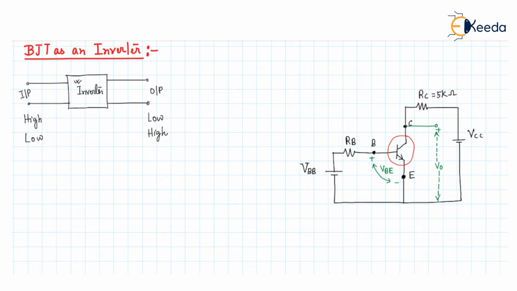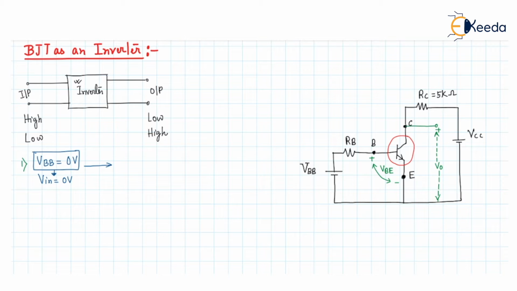Now, in the first case, case 1, we can write that if VBB is equal to 0 volt, that means we are taking the input voltage as 0 volt. If my VBB voltage is 0, then what will happen?